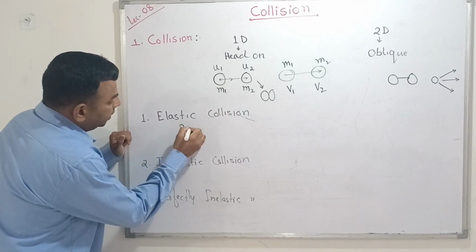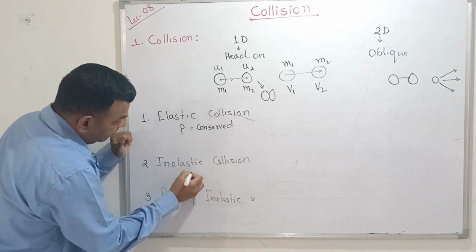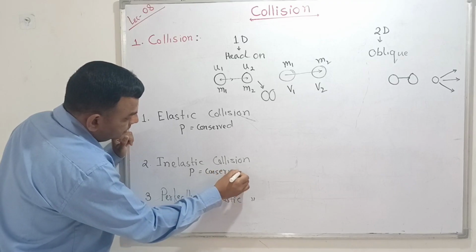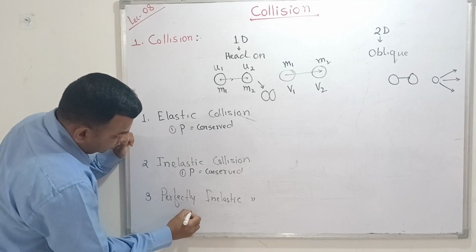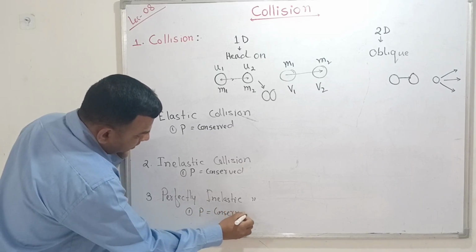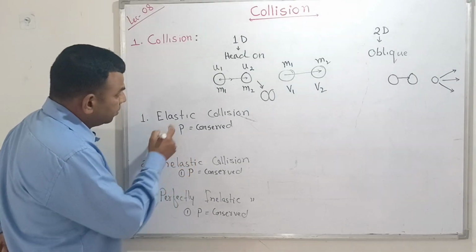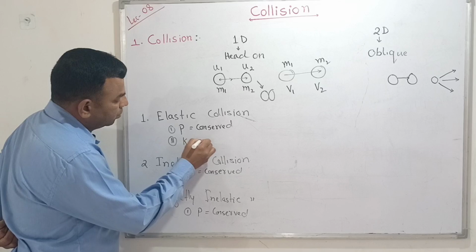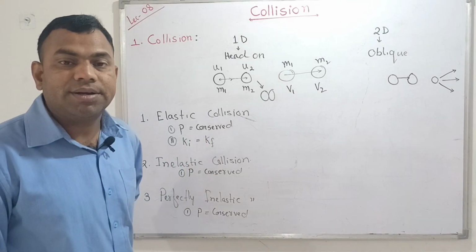Linear momentum p is conserved, that is condition 1, in all three cases. Conserved means that initial momentum equals final momentum. But in the case of elastic collision, kinetic energy initial equals kinetic energy final.